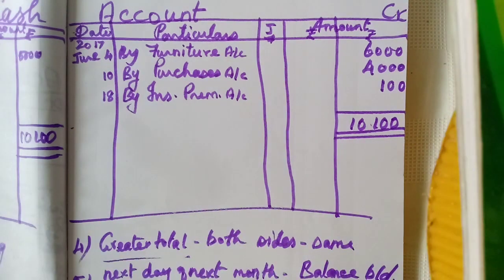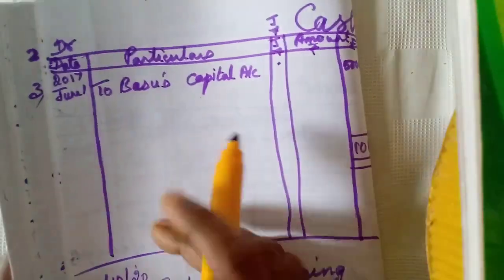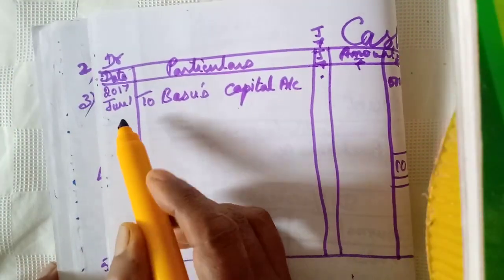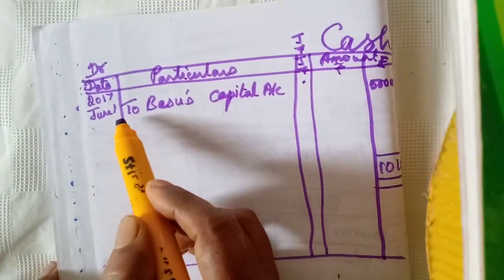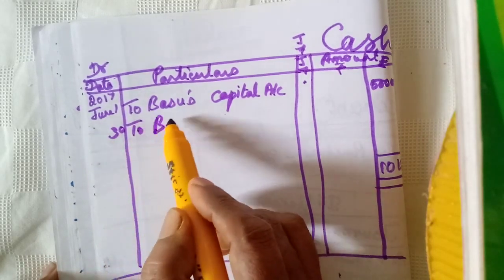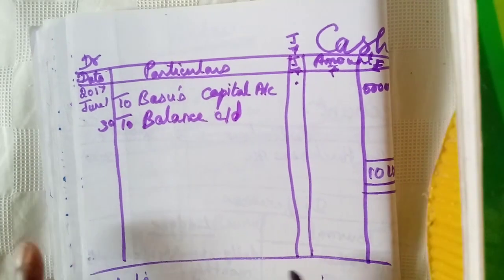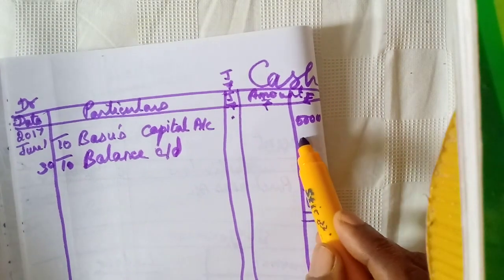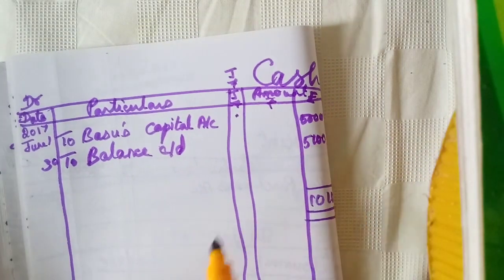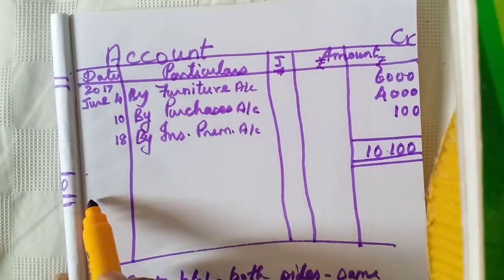Now find out the difference with the pencil. Somewhere you find out how much we will get. 5,100, isn't it? That you have to write on the last day of the month. What is the last day of the month? June 30. To balance carried down, 5,100 written. Okay. Then next month, here June, next month is what? July, isn't it?